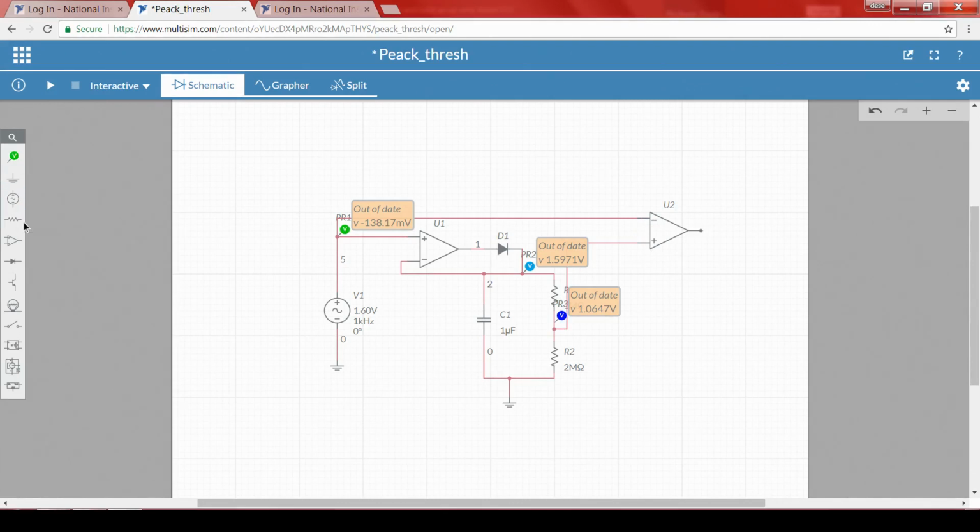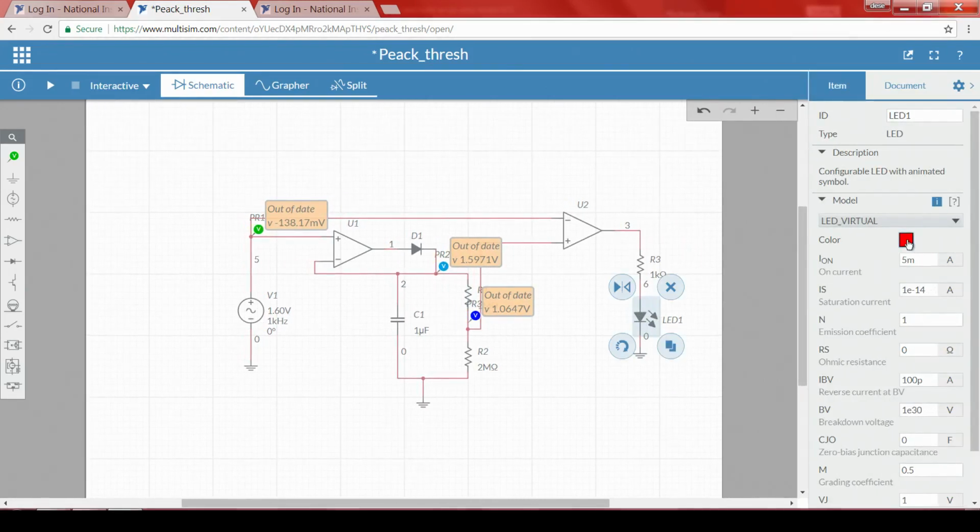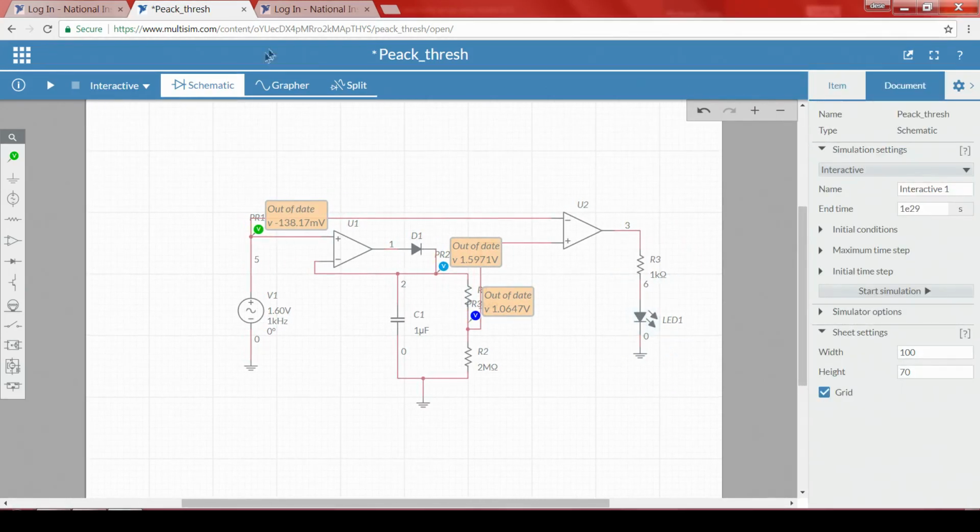Just to identify, I will take one more resistor, some rough 1K value, and connect the other terminal to the ground. We will take an LED, connect it here, and one more ground. The color is red, that is cool.